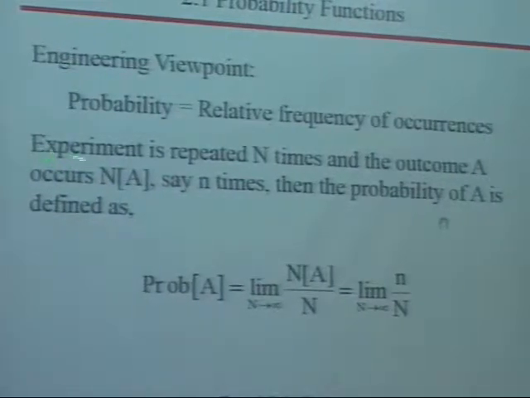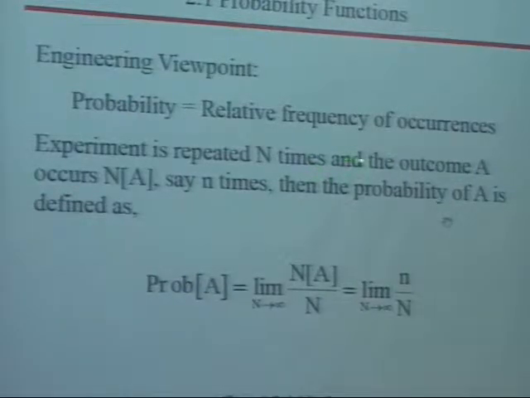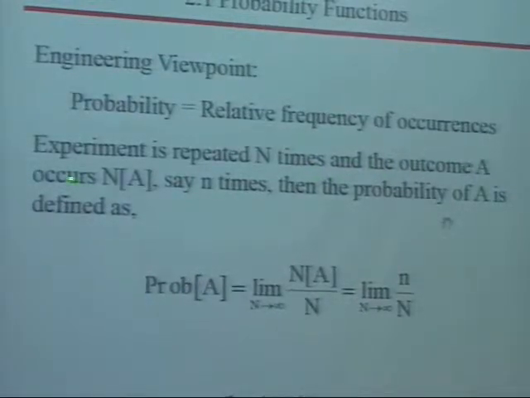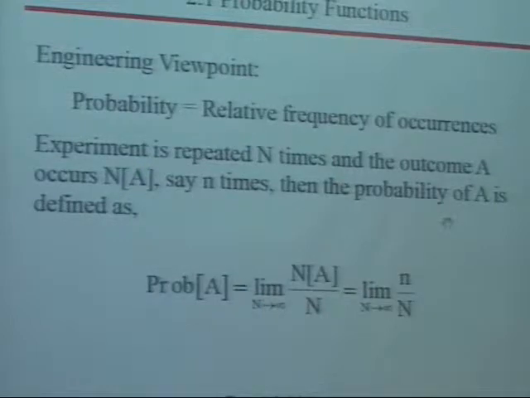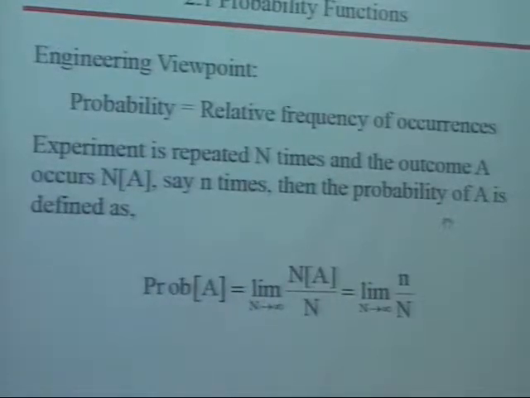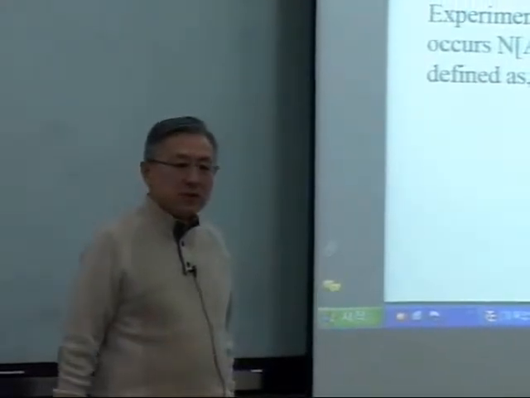Let's say an experiment is repeated N times and the outcome A occurs. This is just a notation that I'm using. N_A means the number of times event A occurs. Very simple.